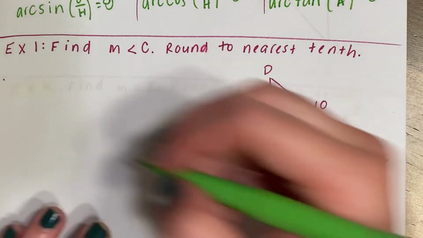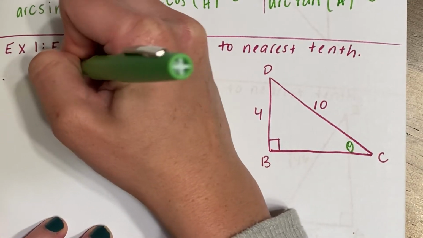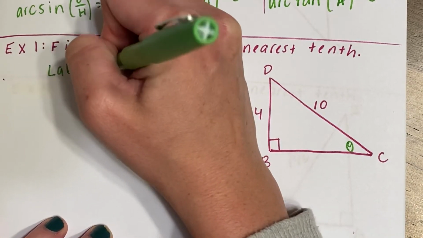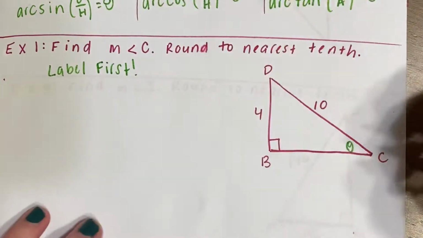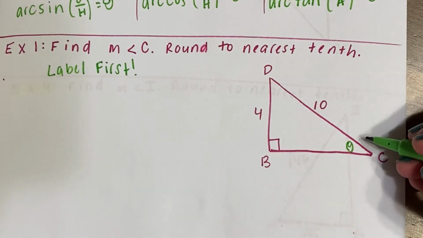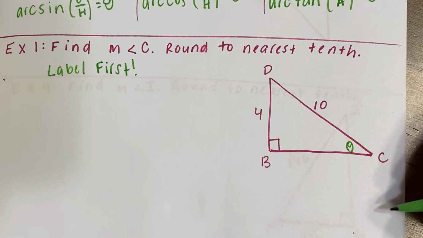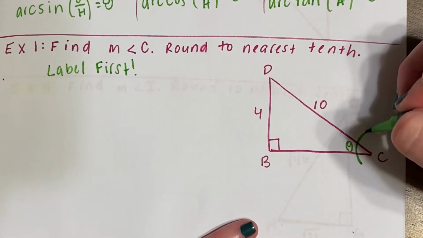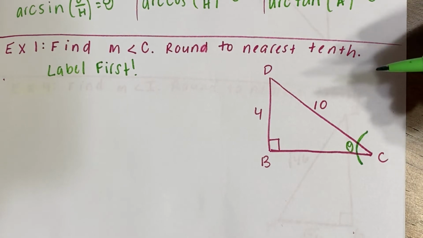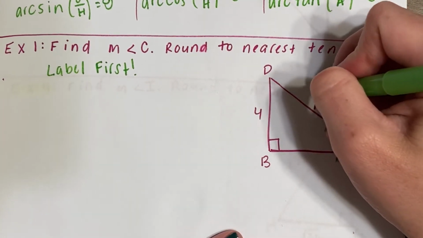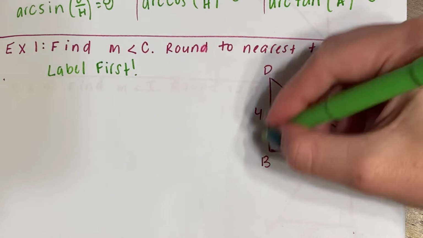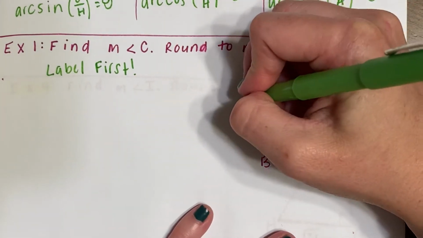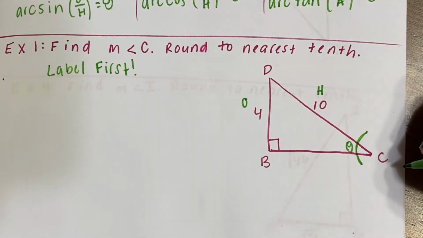So you're gonna start the same way you started when we were solving for a side. Label the diagram first with your theta, which we've done, opposite, adjacent, and hypotenuse. Since this is my reference angle, that's what we're trying to find, my hypotenuse is 10, and then DB, this 4 over here, is going to be opposite since it is across from that angle, okay?